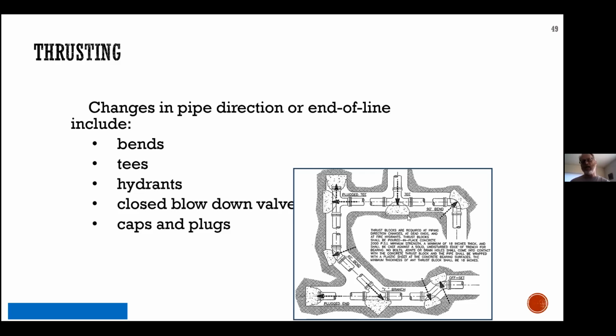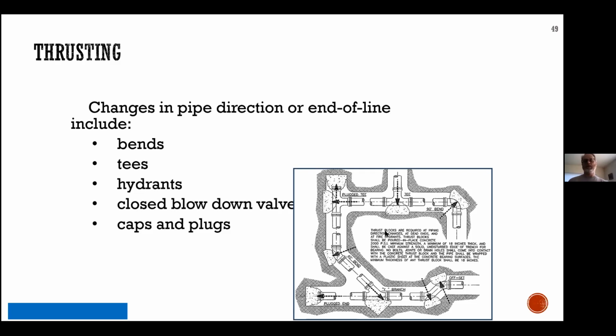And it must come in contact with a solid undisturbed bank. And of course, it needs to set. You can't load it up while the concrete is still wet unless you physically restrain. So a joint restraint would actually be between the sections of pipe or the fittings, whereas the thrust block is basically built external to the pipe.